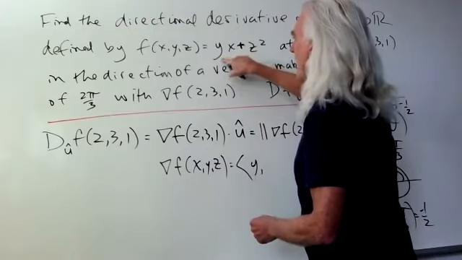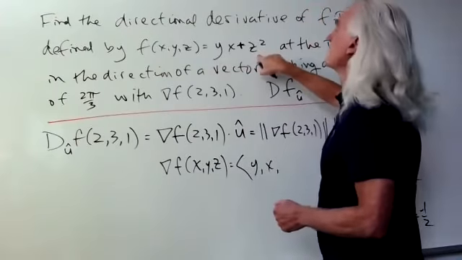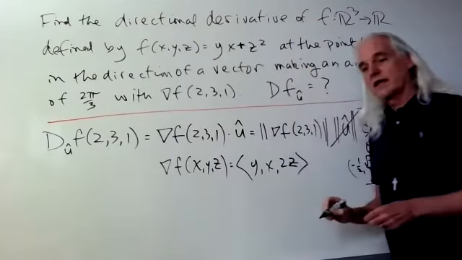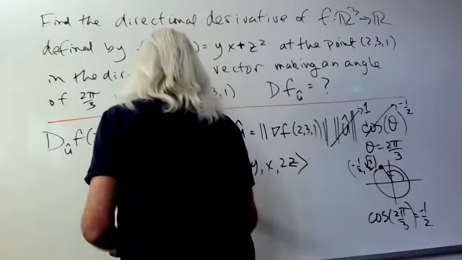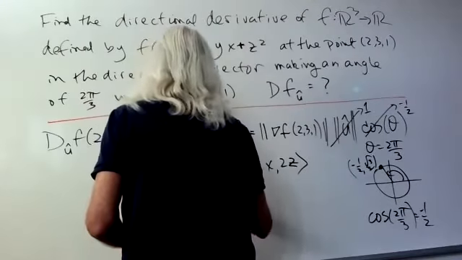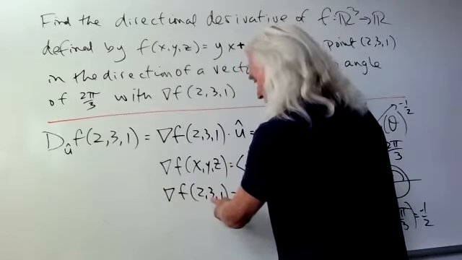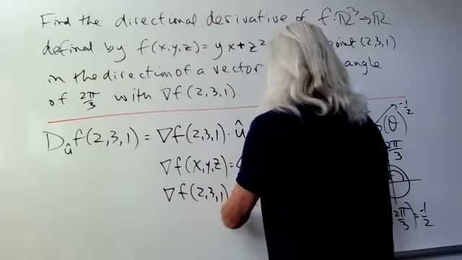Partial derivative with respect to y, that's x. Partial derivative of f with respect to z is 2z. So that means the gradient of f at the point 2, 3, 1 is going to be, remember, the y is 3, x is 2, z is 1.